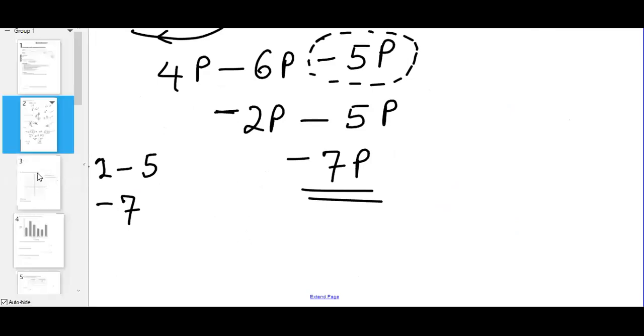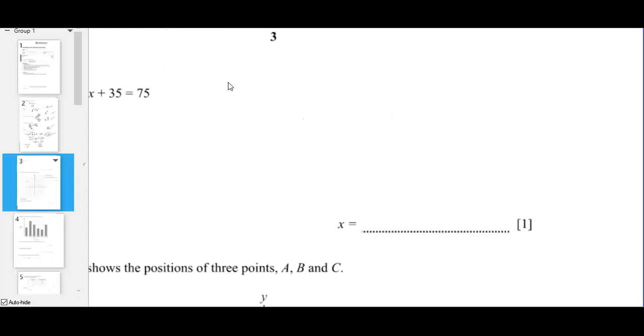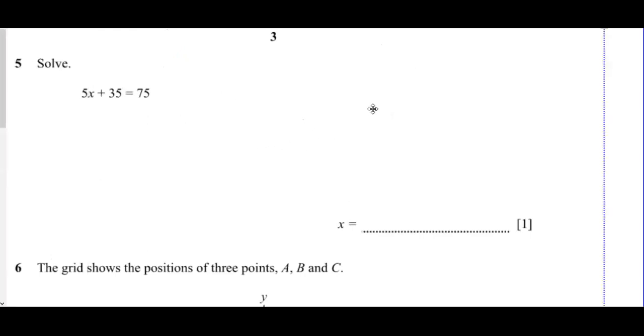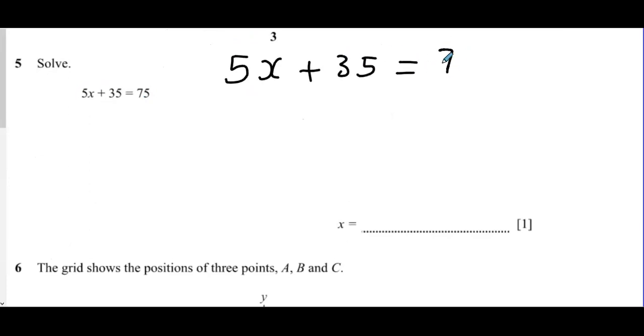Let us go on with the next question. This question is to solve. To solve means to find the value of the letter used. Let me zoom in on this equation. We have 5x plus 35 equals 75. How do we move from here?